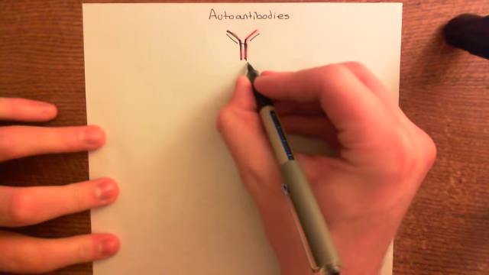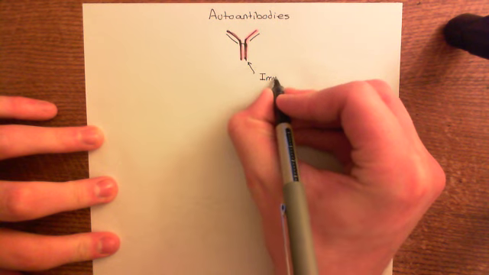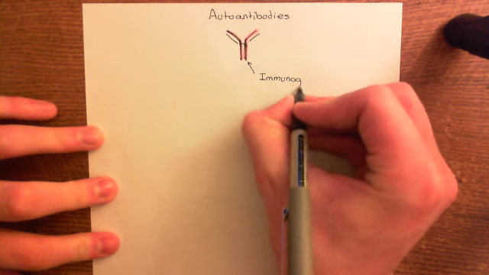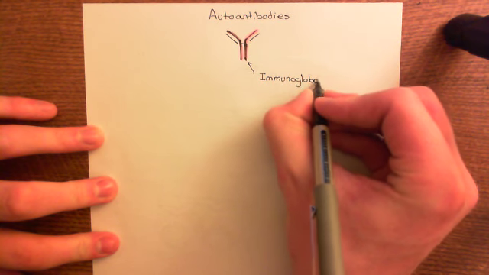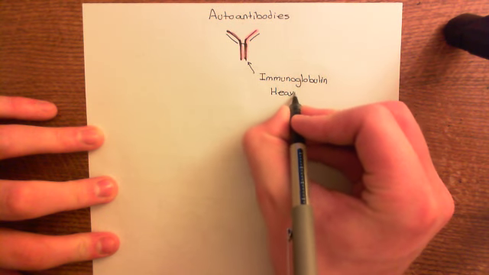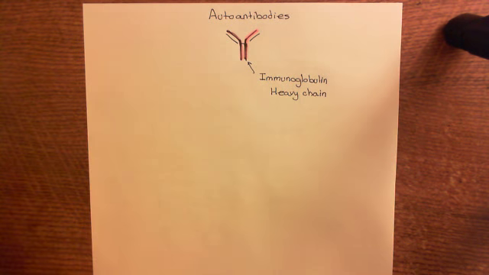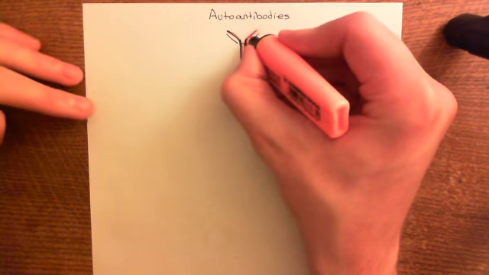Strictly speaking, their full name is the immunoglobulin heavy chain. And then each immunoglobulin heavy chain has an immunoglobulin light chain, which I'll show in orange here.